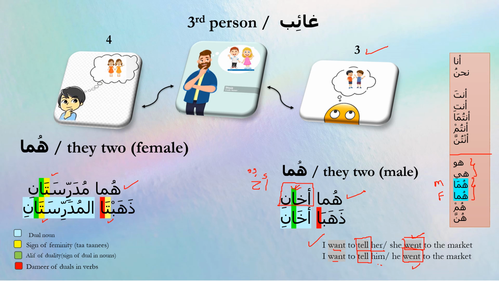So there is a difference. There is only one damir here, no sign, and there is a sign of femininity with the damir here. So there is a major difference in using the verbs and nouns for the male and the female. So this is the major difference in muthanna.